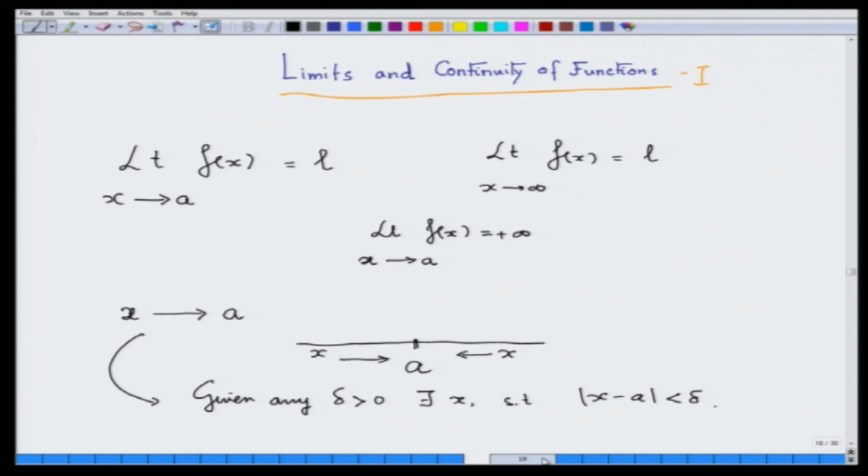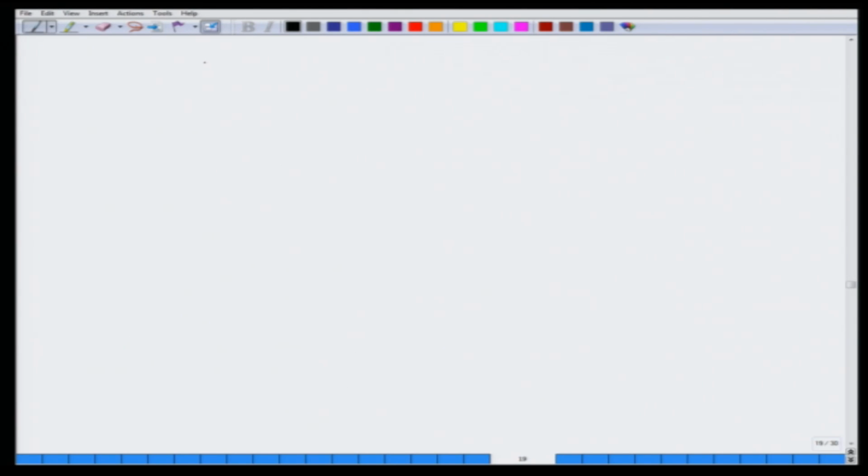So, what is the meaning of f(x)? So, essentially look at a nice function like this, and this is a. So, x approaches a. So, we create a very small neighborhood around a, say it is the delta neighborhood.